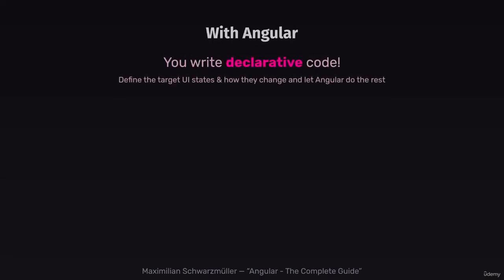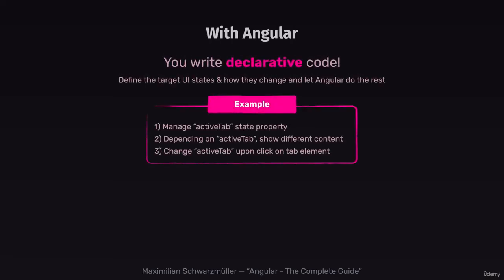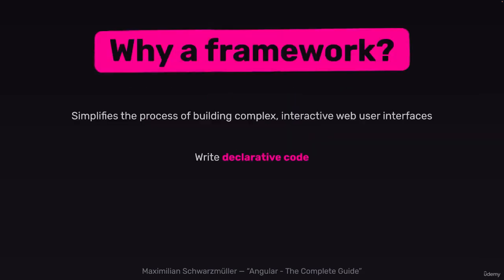But it's then Angular's job to figure out which steps must be taken to update the visible user interface accordingly, so that those target states are reflected on the screen. That's what declarative code means. You don't have to manually reach out to those DOM elements or anything like that. Instead, you write declarative code in your markup, and Angular does the heavy lifting.